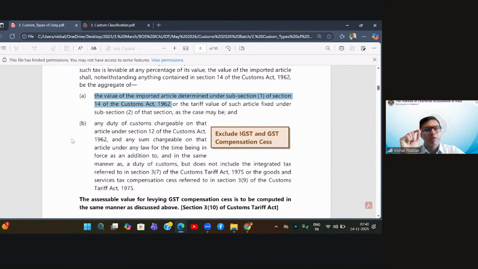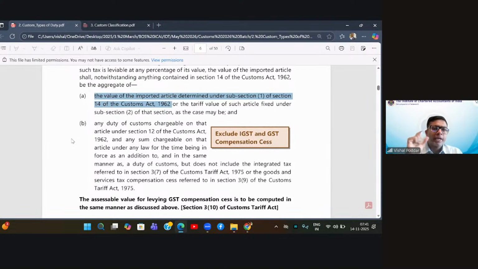In GST, if you remember, our valuation provisions are in section 15. Customs valuation provisions are in section 14 of the Customs Act. So, as per the valuation provisions, you have to determine the value of goods imported into India, and that value is called the customs assessable value, or in our words, taxable value.